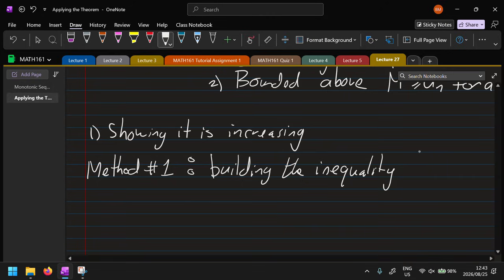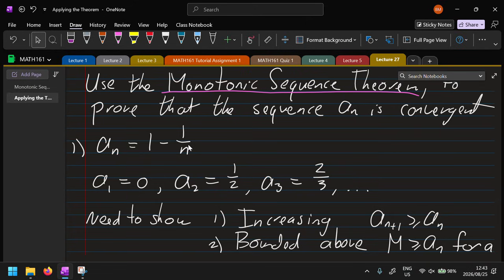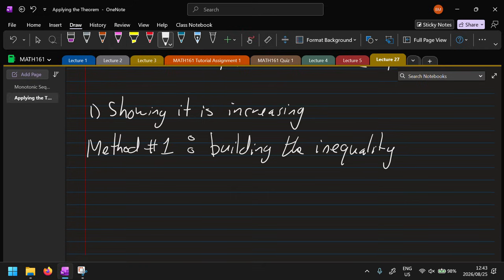So what can we do? What we want to show is that this a n given over here is smaller than a n plus 1. Again, we want a n plus 1 to be larger than a n.